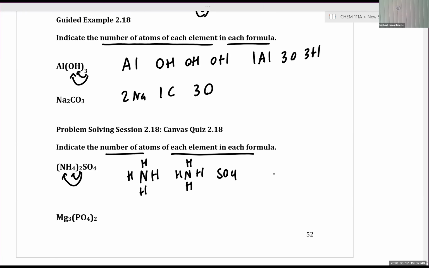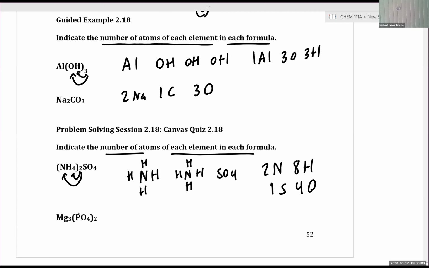So how many total nitrogens do we have in the first example? 2, yep. How many hydrogens do we have? 8. 8, yep. We have 1 sulfur and 4 oxygens.